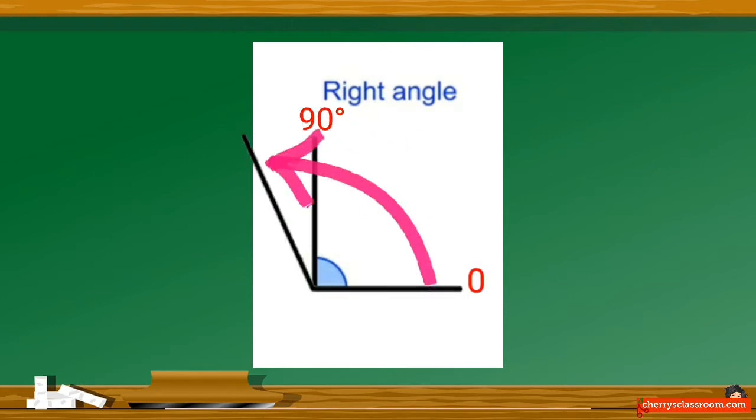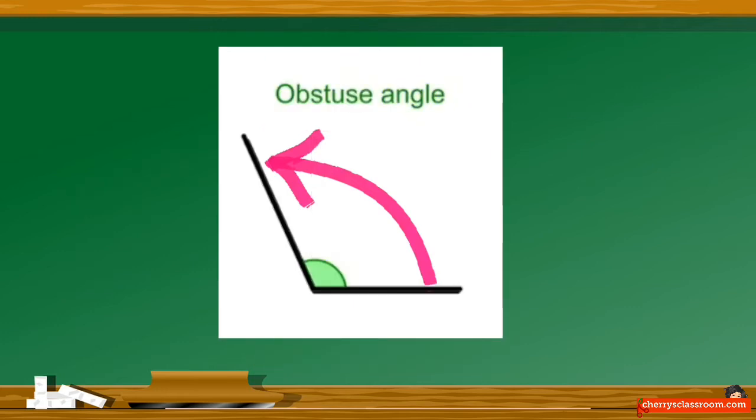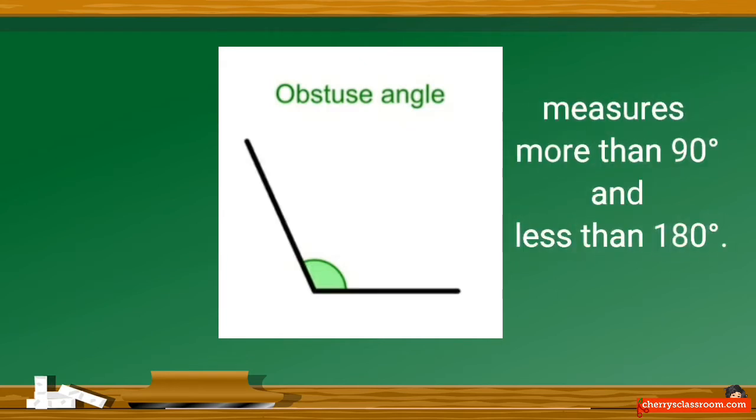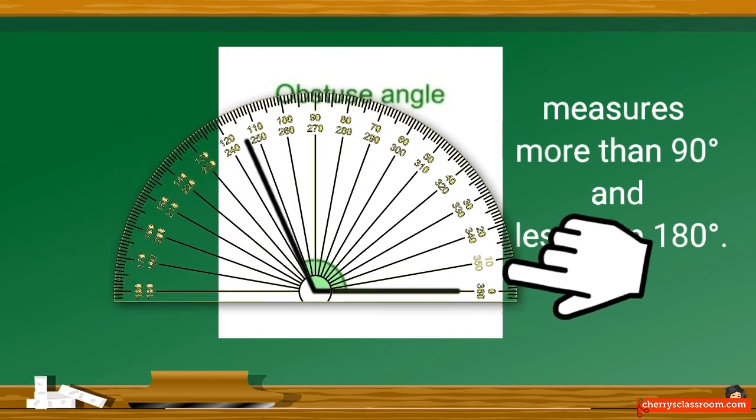When it measures more than 90 degrees like this, it is not a right angle anymore. We call it obtuse angle. An obtuse angle measures more than 90 degrees and less than 180 degrees.